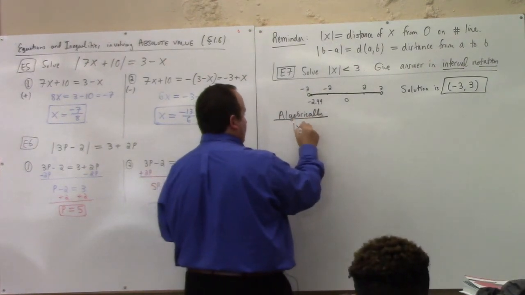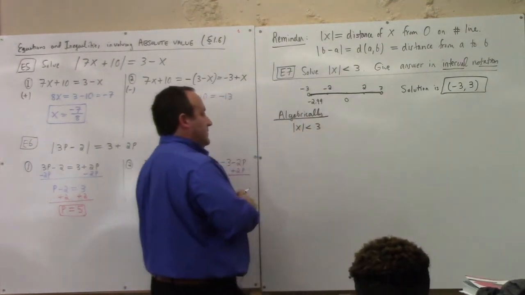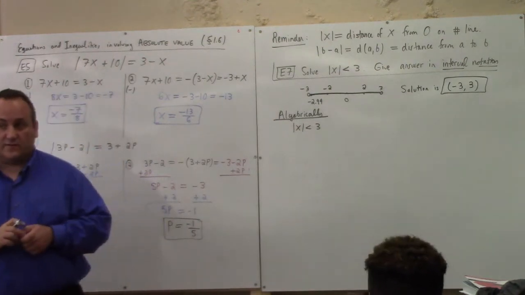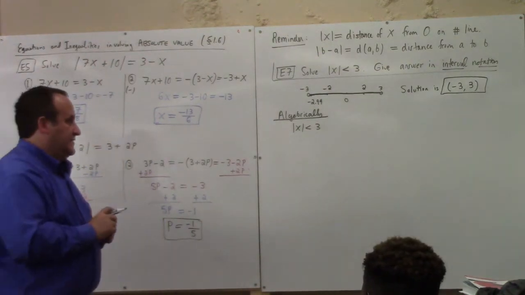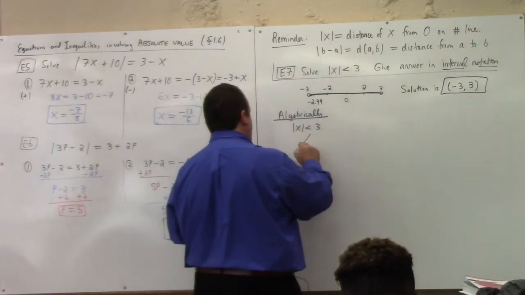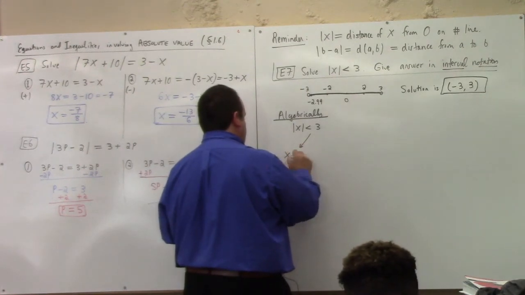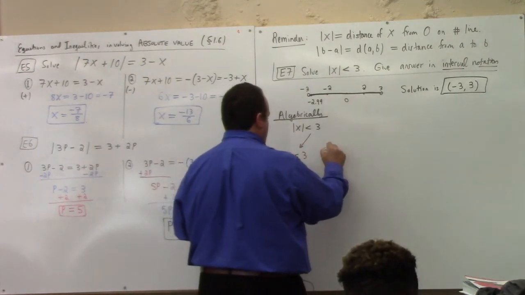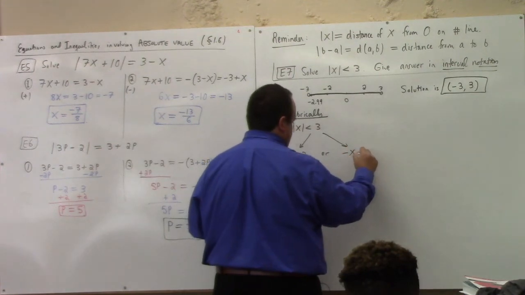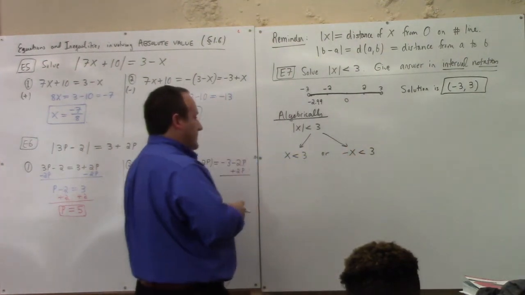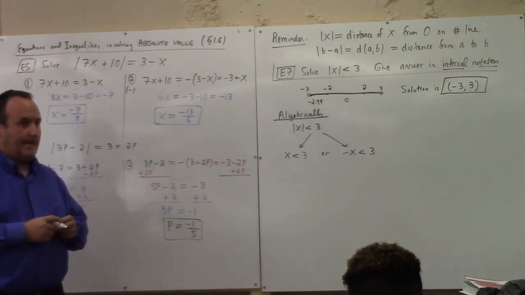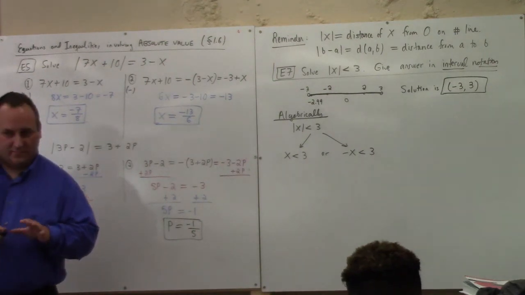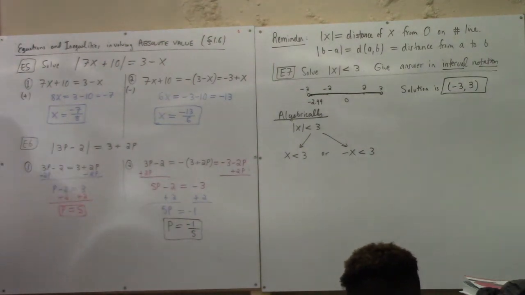Algebraically, absolute value of x less than 3 gives you 2 different things, right? This means that either x is less than 3 or minus x is less than 3. Up to this point, I've been very nonchalant about whether the plus or minus goes on the left-hand side or the right-hand side.